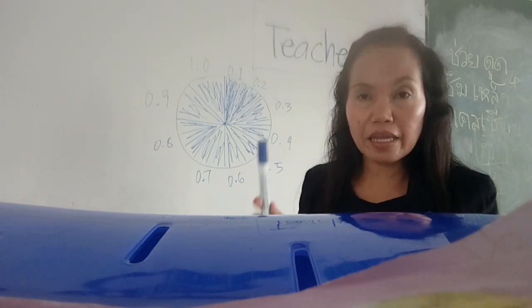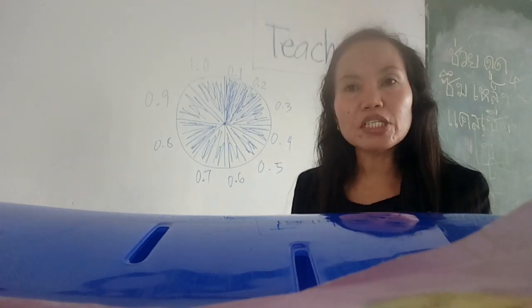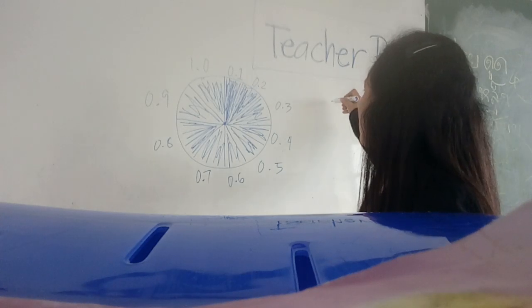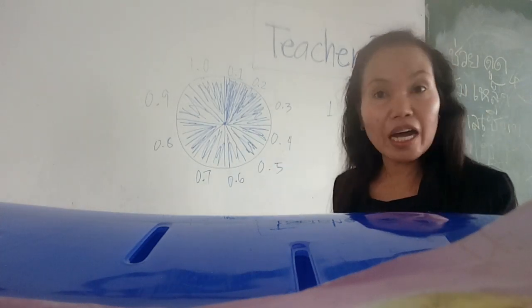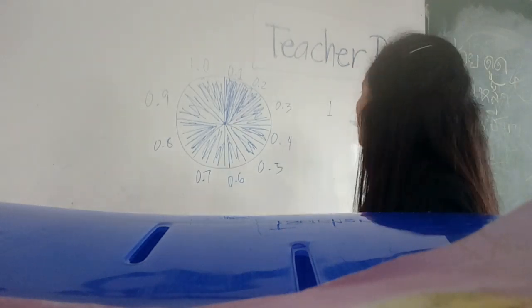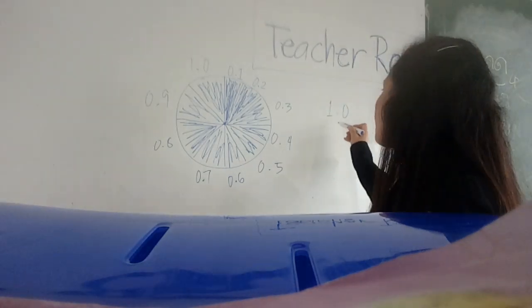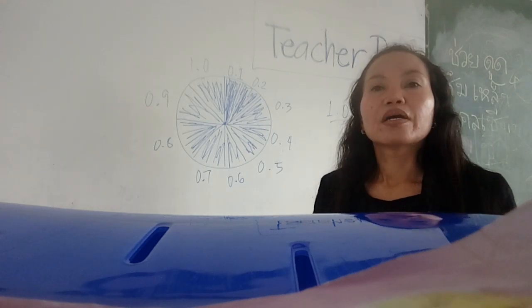Remember, class, that a decimal has a point, okay? If we just say 1, that is not a decimal number. If we just write 1, no point, not decimal, okay? But if we write 1.0, it becomes a decimal number, okay?